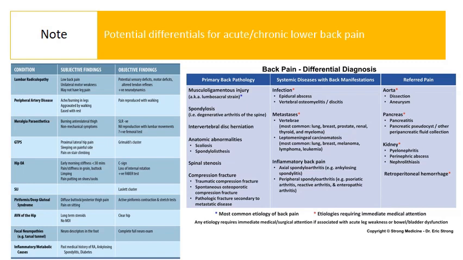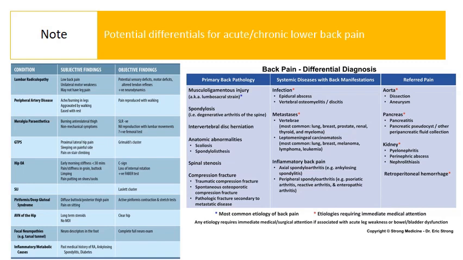The second column here shows where there's no bony pathology per se, but systemic diseases that manifest as back pain, something like infection in the lumbar spinal column where you have an epidural abscess, or the body of the vertebrae becomes infected with osteomyelitis. The disc can become inflamed, giving you discitis.